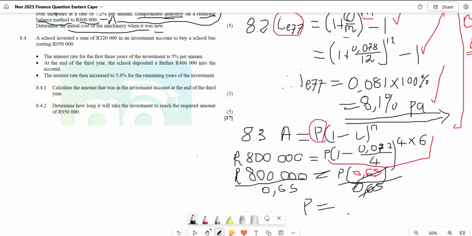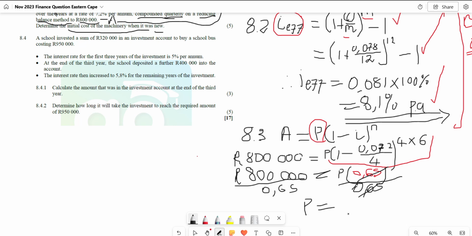800,000 divided by 0.65. Please let us repeat: 1 minus 0.072 divided by 4, all to the power of 4 multiplied by 6, gives 0.65.